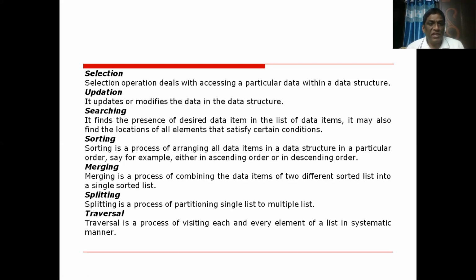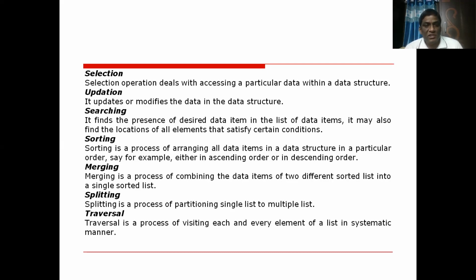And then the next operation is merging. When you have multiple data items, you can combine them into a single list. That merging operation combines two different lists into a single list.